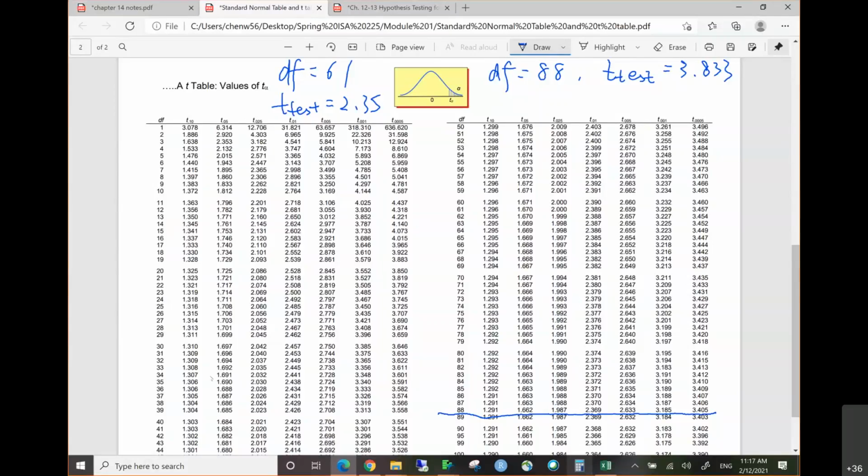Perfect. Good job. All right, so we have the t-test statistic 3.833, which is even larger than this 3.405, which should be somewhere here, to the right of 3.405. Then if you go up, that means your p-value should be to the right of 0.0005.